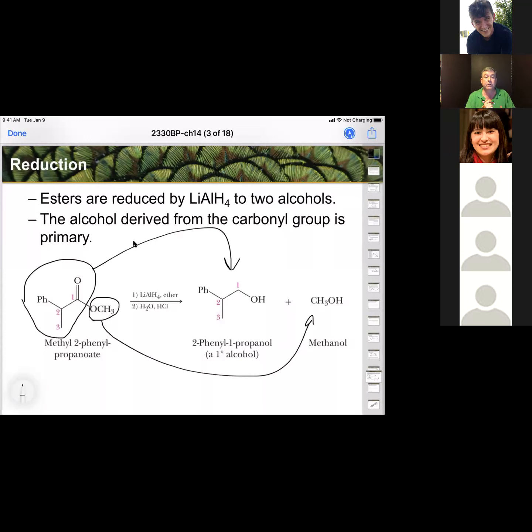All right, so we're doing that because we're adding hydrogen across this bond and hydrogen across that bond. Notice in this case, we always get a primary alcohol because the R group from the ester leaves, and we end up putting 2 hydrogens on the carbon with the carbonyl.